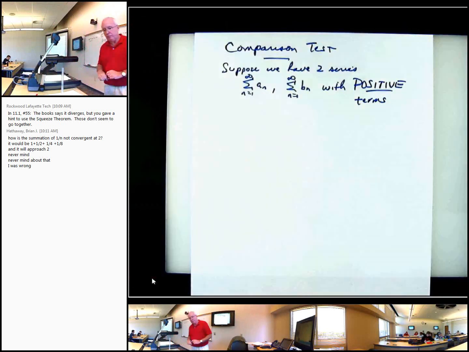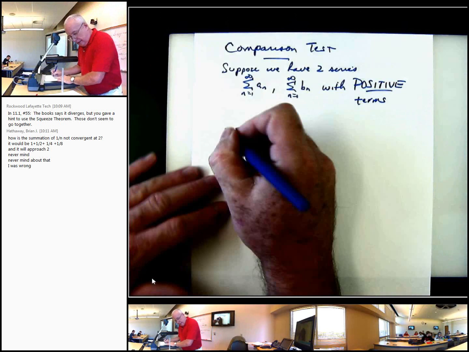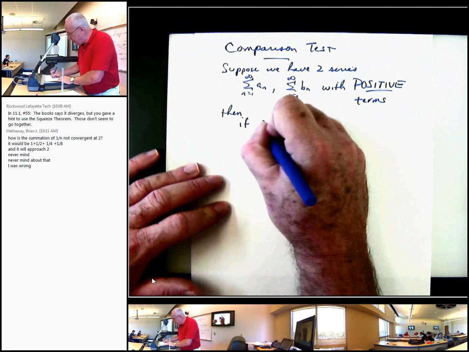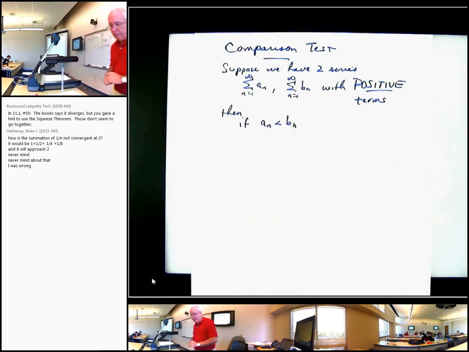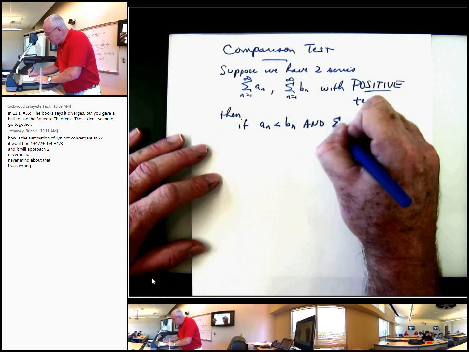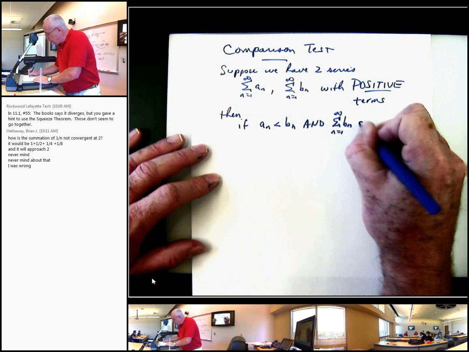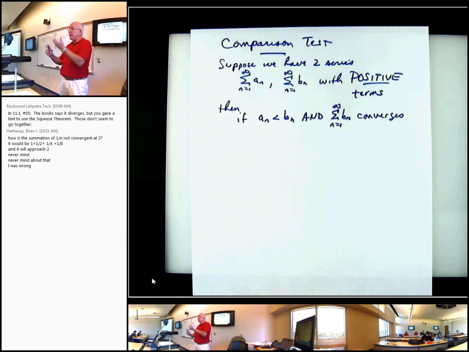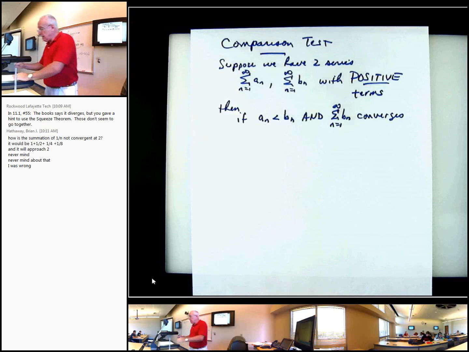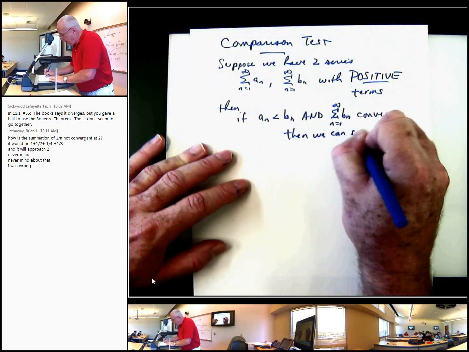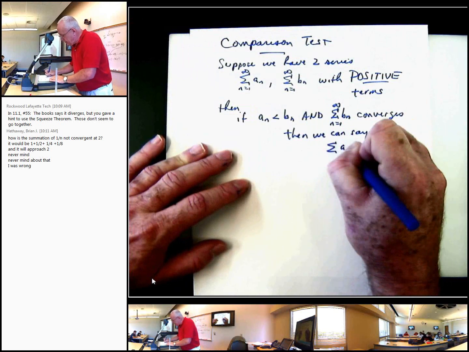Then, if each individual term a sub n is less than the b sub n term, and we know that this summation of b sub n converges, okay, we know that b sub n series converges, and the a sub n terms are less than the b sub n terms, then we can say that the summation of the a sub n also converges.